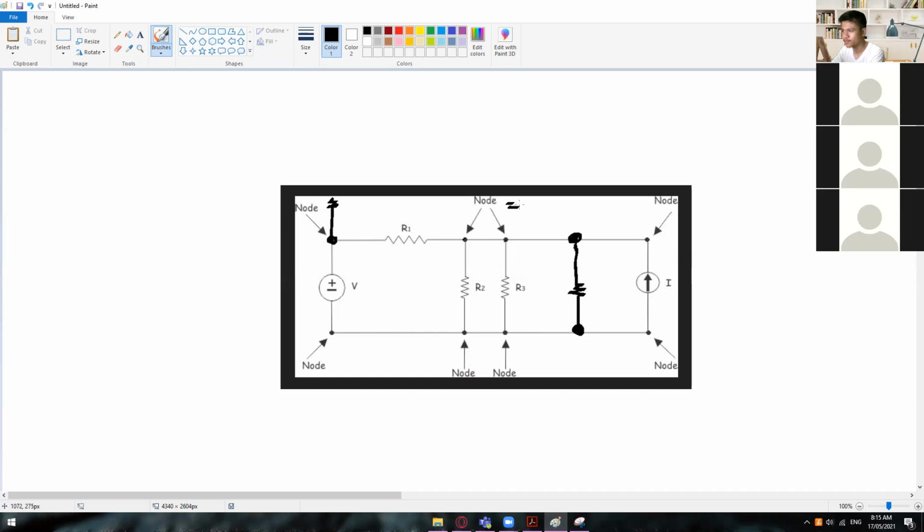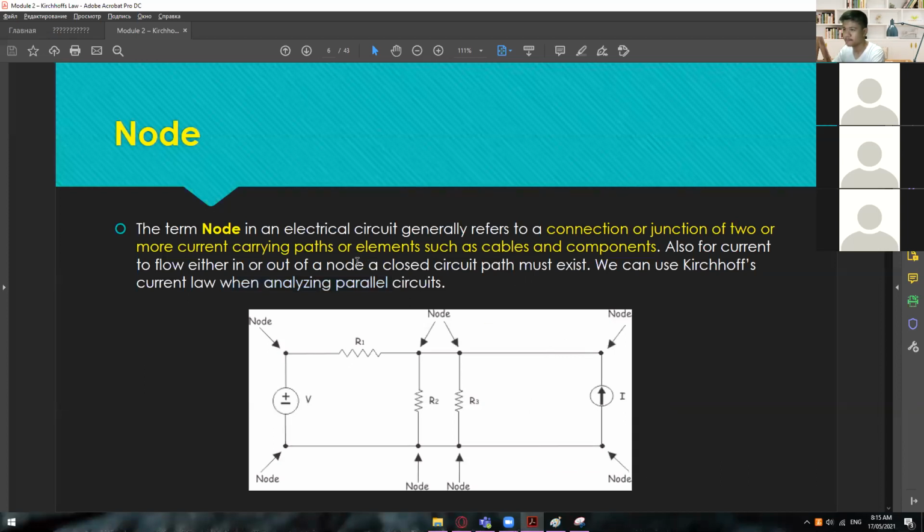When we say node, we mean a junction. If you know the meaning of a junction, then you already know the meaning of a node. Are we clear so far regarding nodes? Those are nodes. We have 1, 2, 3, 4, so 8 nodes.